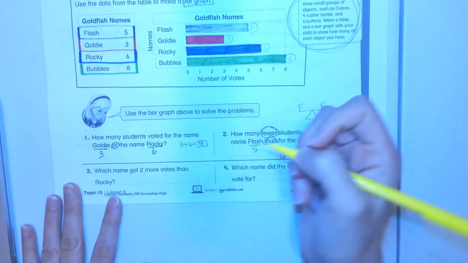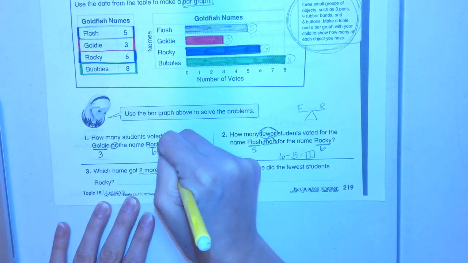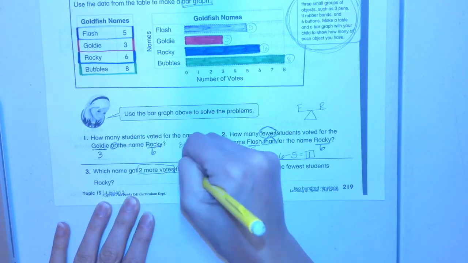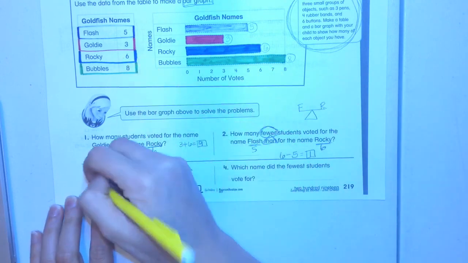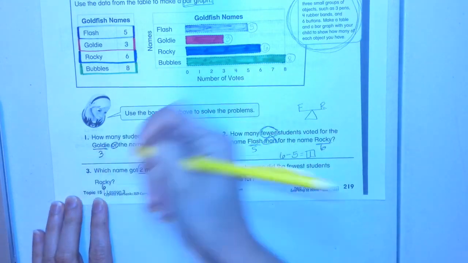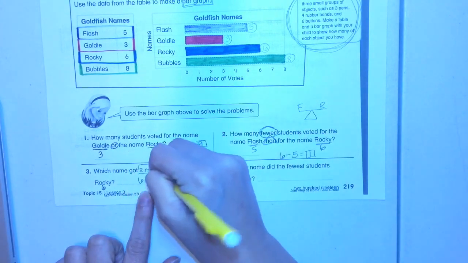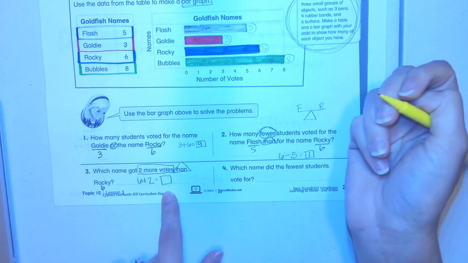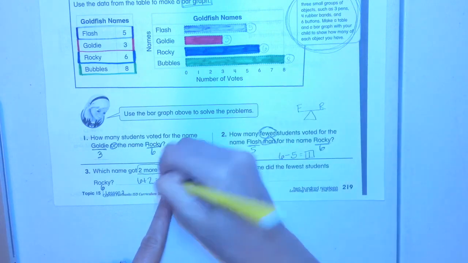Okay, number 3. Which name got 2 more votes than Rocky? So we're looking for 2 more votes than Rocky. Rocky has 6. So we're going to add 6 plus 2 more to get the number that we're looking for here. So what is 6 plus 2? 6 plus 2 is 8.